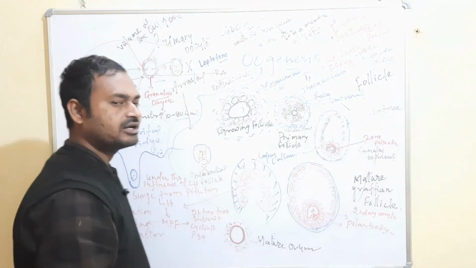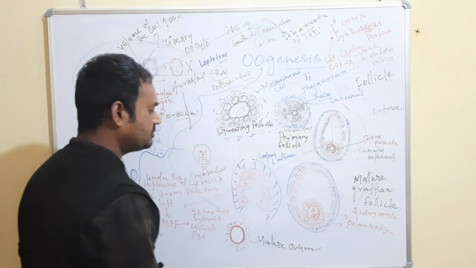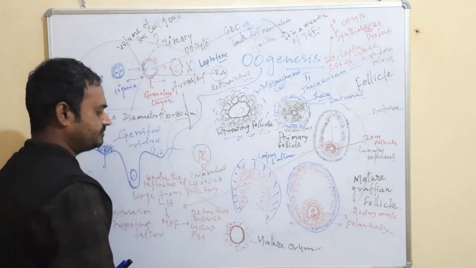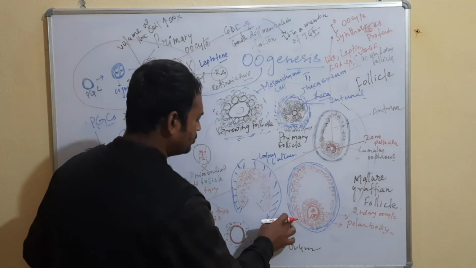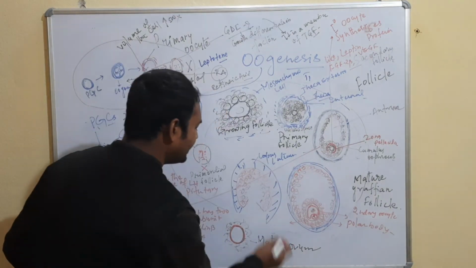Now the cell starts to undergo the second meiotic division, but before it completes the meiotic division, it is again arrested.